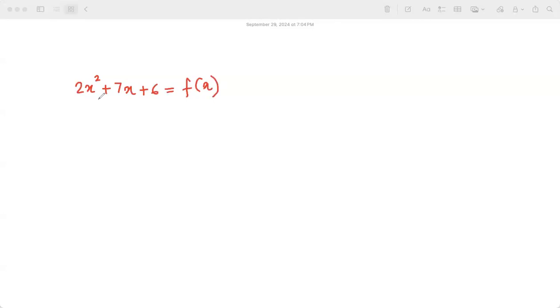What form is this? Sahil or Shragvi, you tell me. Standard, right? Because it's of the format ax square plus bx plus c. Can we convert this from standard to vertex? Guys, we did completing squares. You can complete squares with this, right?